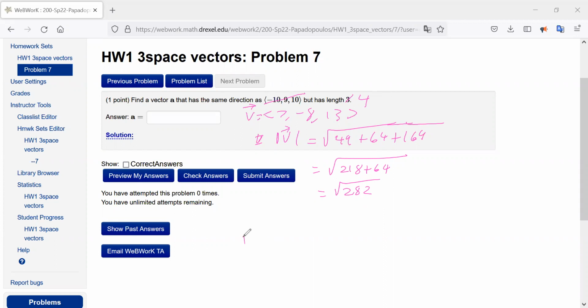So we do v times 4 divided by the square root of 282, which is equal to 28 divided by the square root of 282, comma, -32 divided by the square root of 282, comma, 52 divided by the square root of 282.